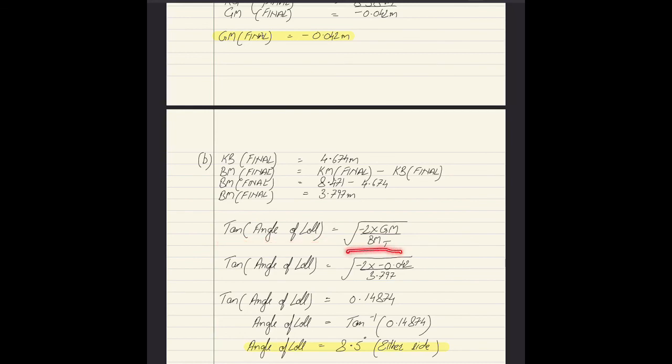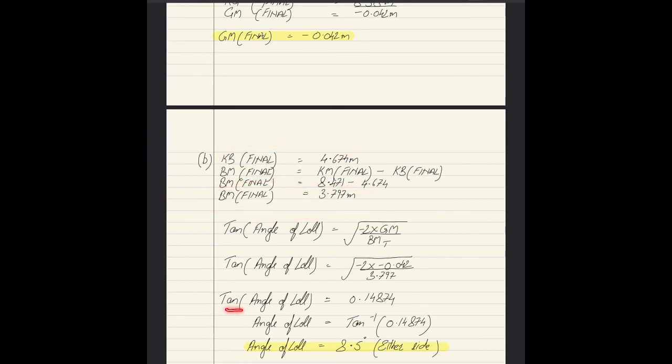We'll now calculate tan of angle of loll, which is given by the formula square root of minus 2 times GM divided by BM transverse. When we put in the values for GM, we'll put minus 0.042 meters, which was obtained from here, and BM transverse was calculated as 3.797 meters, and it was from this part.